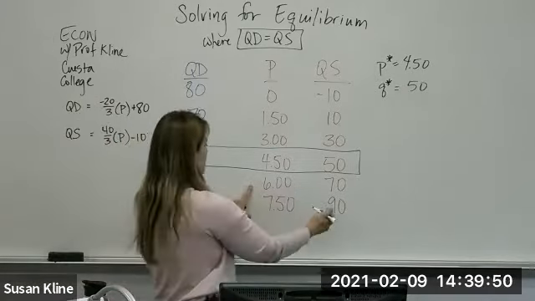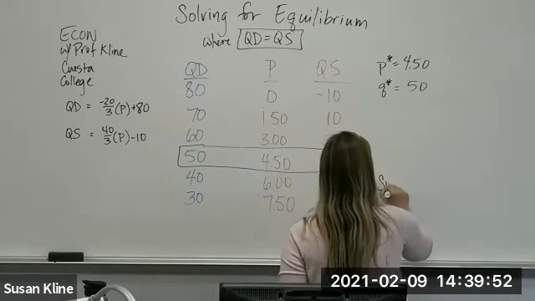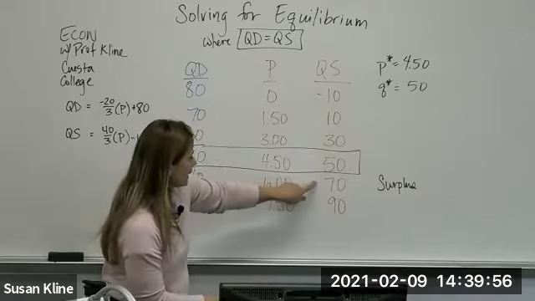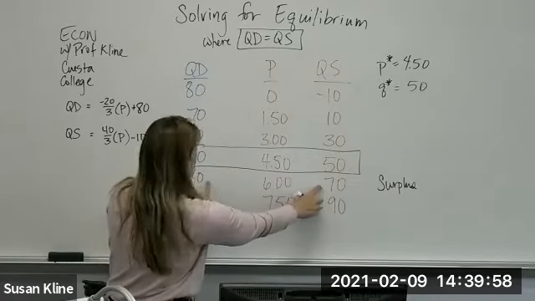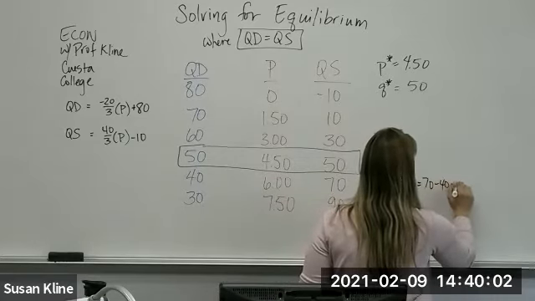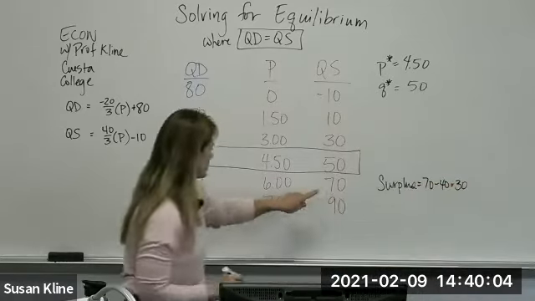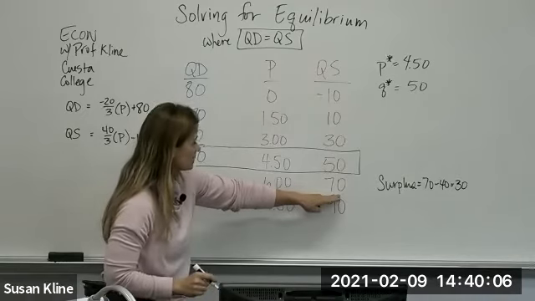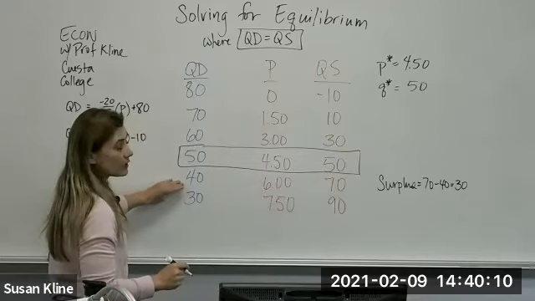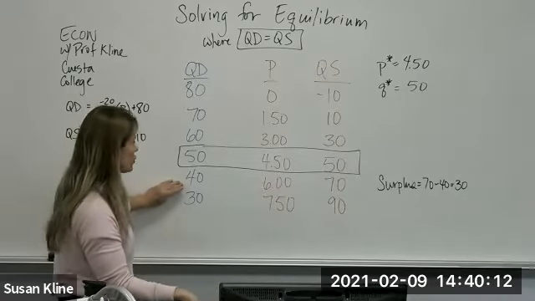At the price of $6, we have a surplus, and not of 20, we have a surplus of 30, right? Because it's not just that we would have 70 items and people would buy 50. No, we'd have 70 items and people would come buy 40.